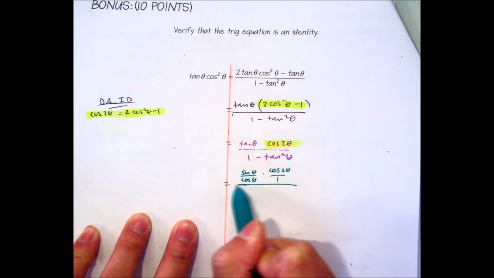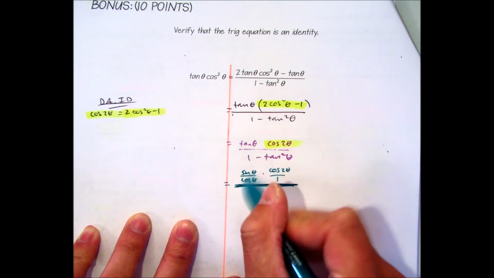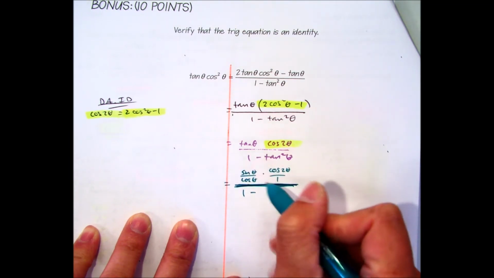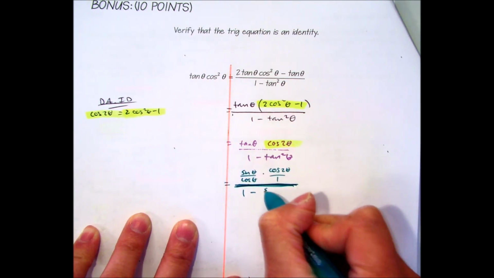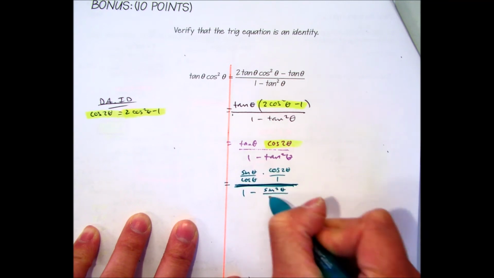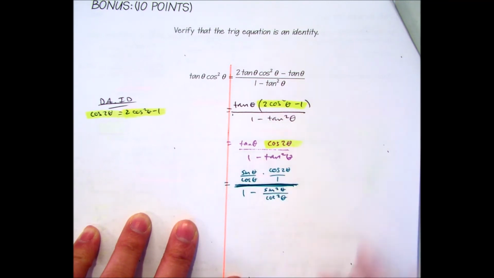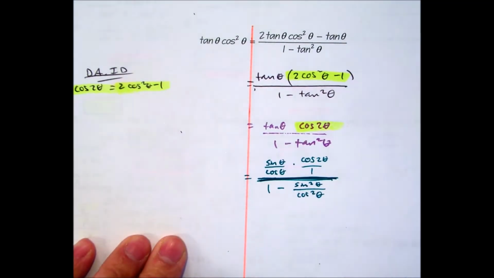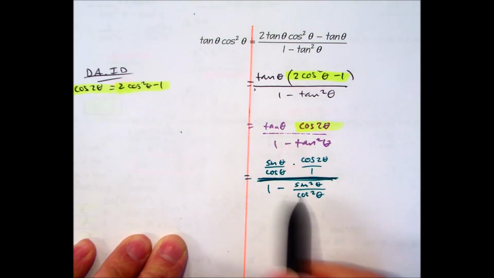If you get stuck on your fractions, make your fraction line kind of thick or use a different color. And then here I have 1 minus sine squared theta over cosine squared theta. Well, here in the denominator I have a fraction, and I want to be able to subtract those.